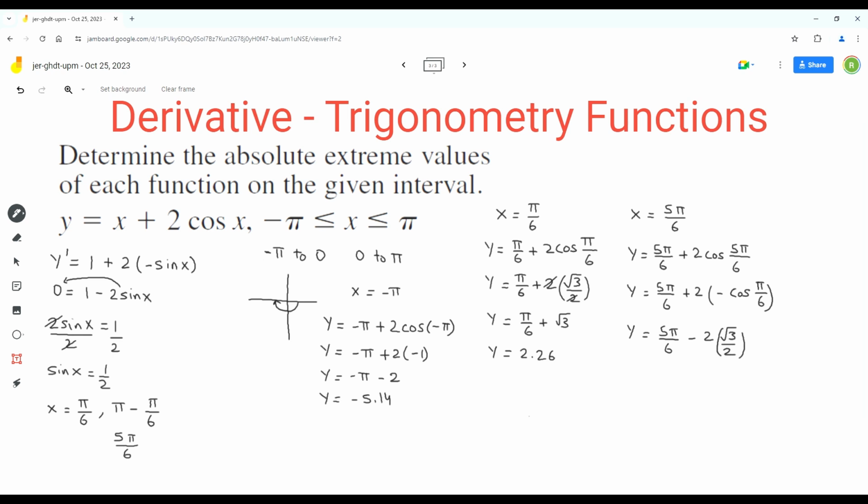And the 2's will get cancelled out. Now we can evaluate this expression. So I got 0.886.